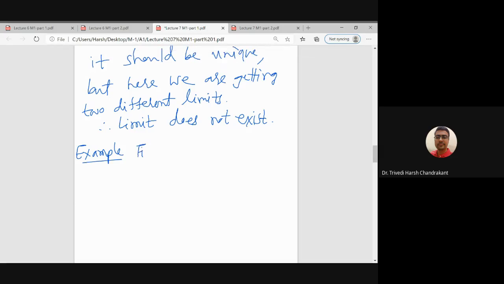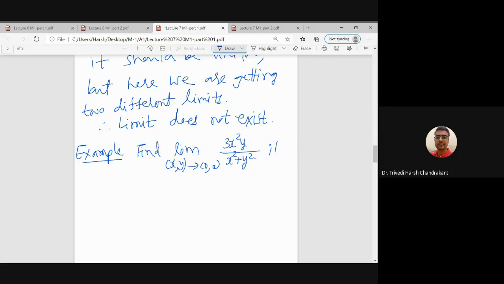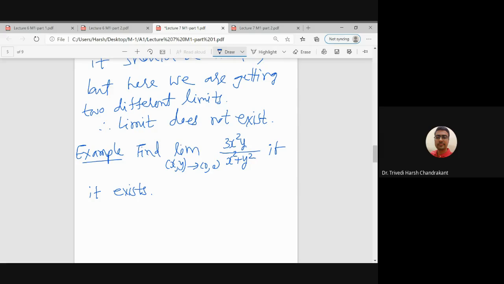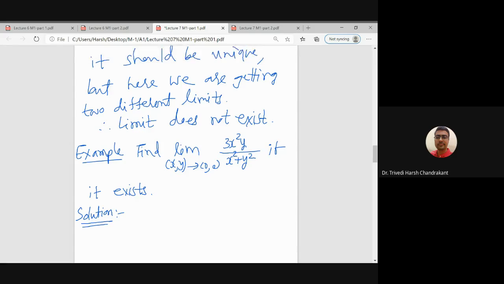Find the limit as xy approaches the origin of the function 3x square y divided by x square plus y square, if it exists. So now the question is whether the limit exists or not. That is the first question. And the second question is, if it exists, what is the value of the limit?